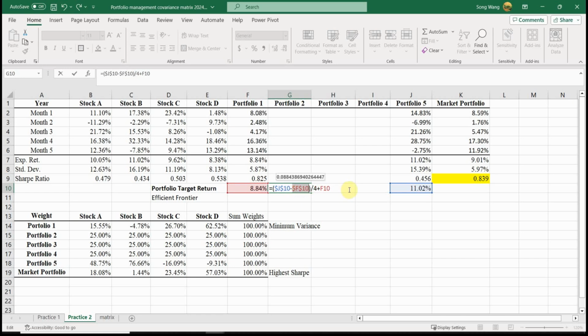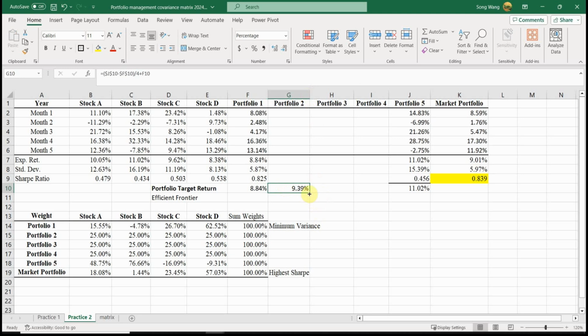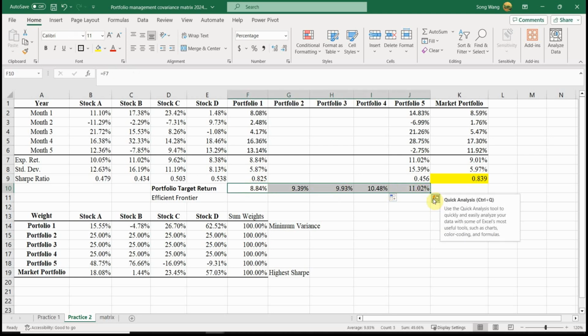Okay, so I lock these 2 cells, hit enter, use format painter to reduce the pound keys to make it look nicer, and then drag it all the way. As you can see, from 8.8 to 9.4 to 10 to 10.5 to 11, these 5 portfolios have the return increasing in the same amount.